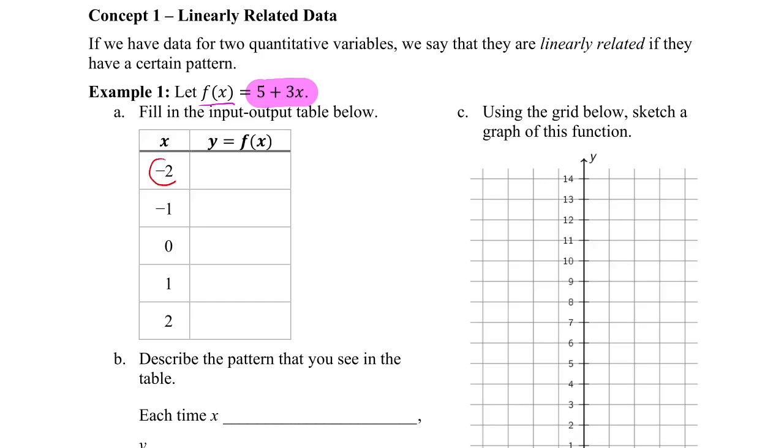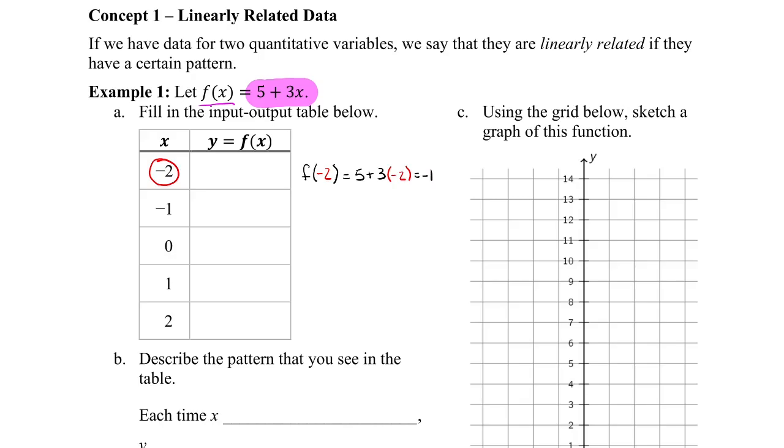So when x is negative 2, we can take f of negative 2, and that's going to be 5 plus 3 times negative 2. Just putting that into a calculator, it comes out to be negative 1.